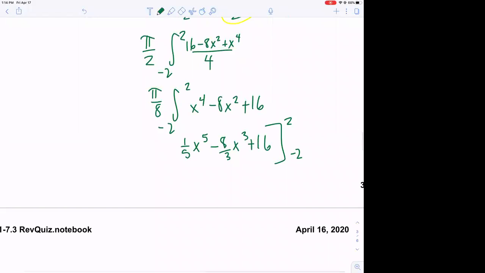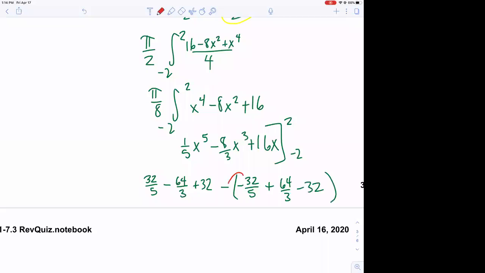I have a funny feeling that this is where we're going to end up with some duplicates. Plug in 2, I get 32/5 minus 64/3 plus 16. Oh, this should have an x on it. So sorry, that should have been a 32. Minus, plug in -2, you get -32/5, you get positive 64/3, and this will be a minus 32.